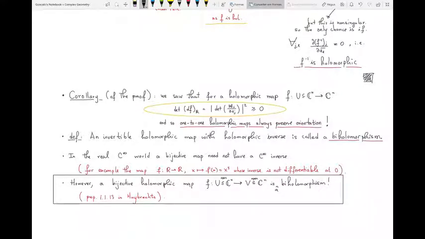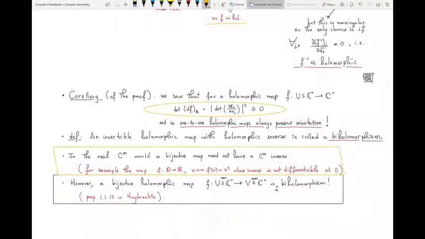Okay, so that is what I wanted to say. And of course, this is not true in the C infinity case, and that is what I was alluding to here. Because see, in the C infinity world, you can have a map that is bijective and smooth, but whose inverse is not differentiable.